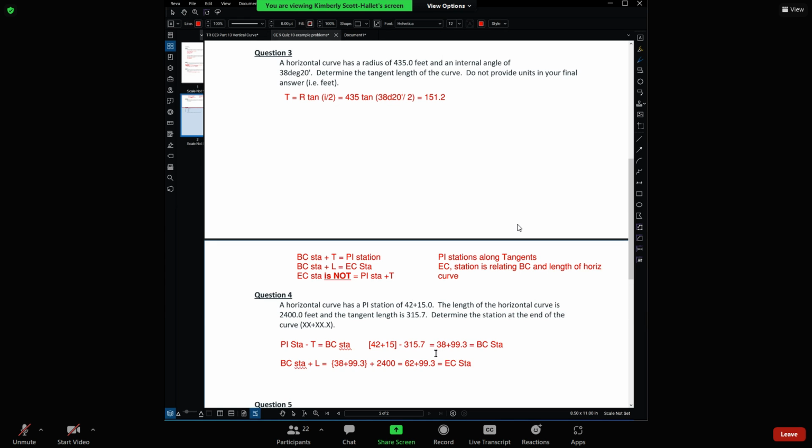So your final answer is not 4215 plus 315.7. You need to subtract that out to get to your BC and then add the length to get to your EC. Again, numbers aren't realistic, but I don't think it caused anyone to get the answer wrong. I think what I saw more than anything was people adding 4215 plus 315.7. Questions about that concept?